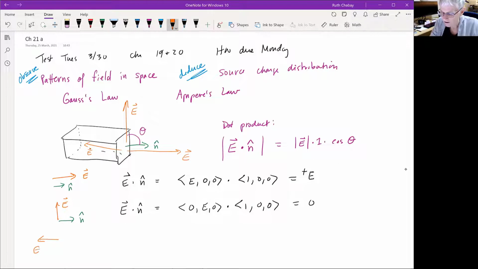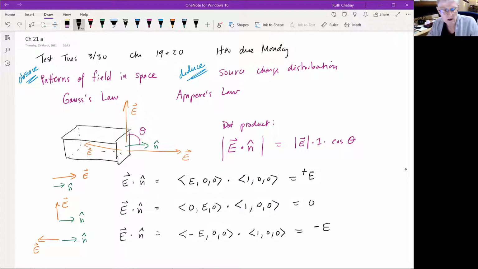And if E is opposite, so E is going in and n hat is going out, then E dot n hat would be (-E, 0, 0) dot (1, 0, 0), and that would give us minus E.